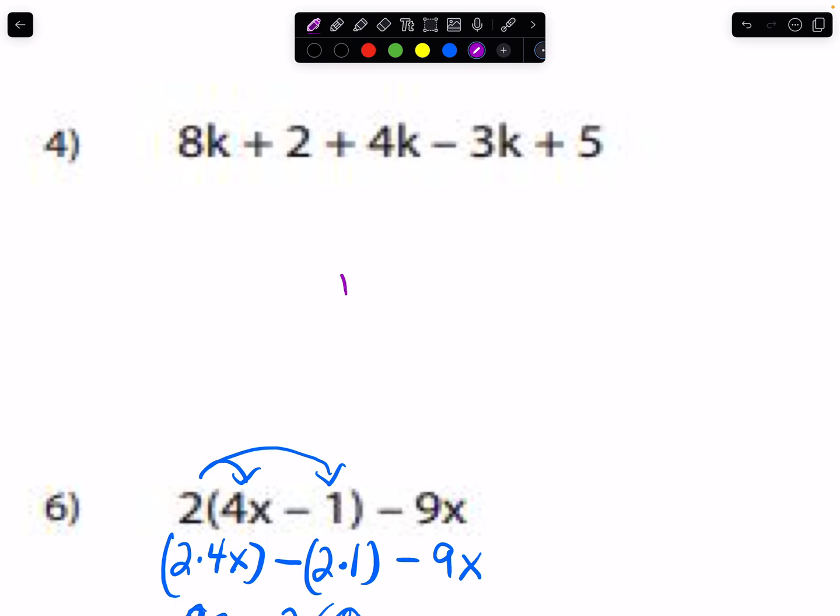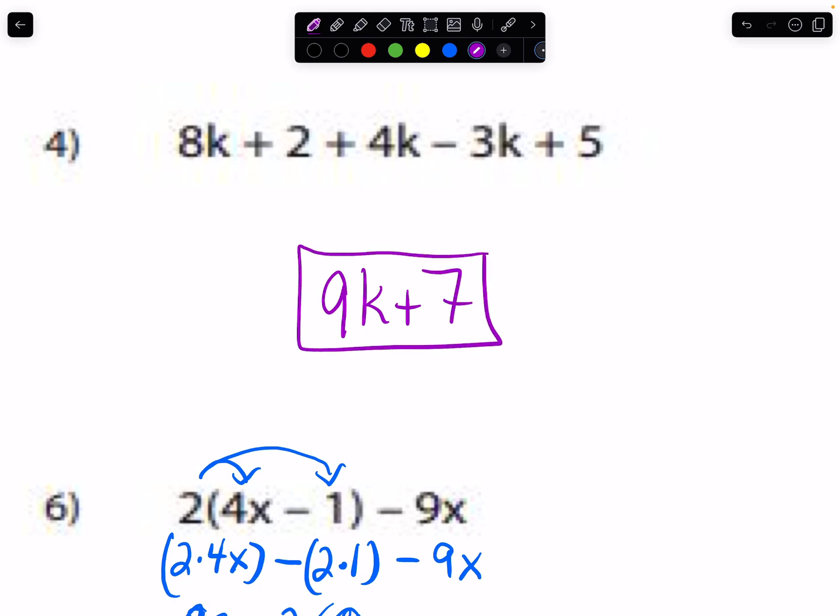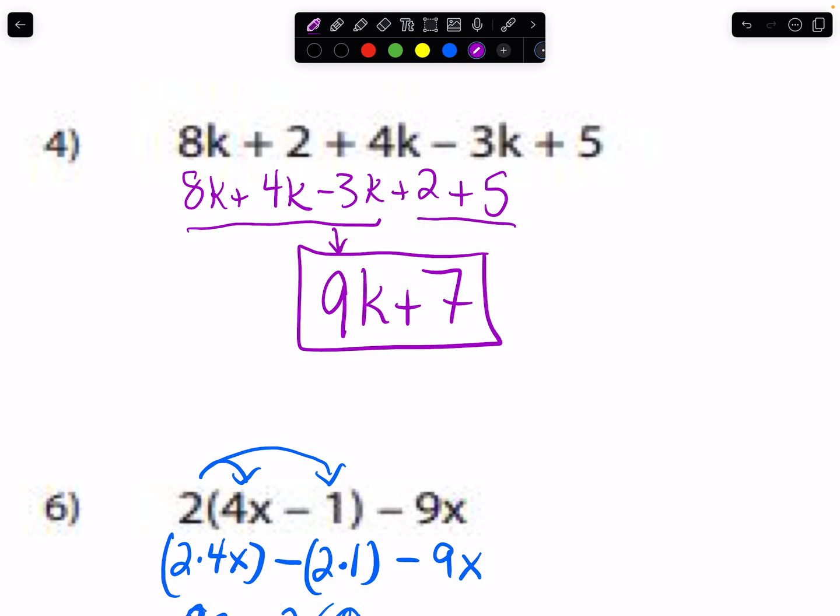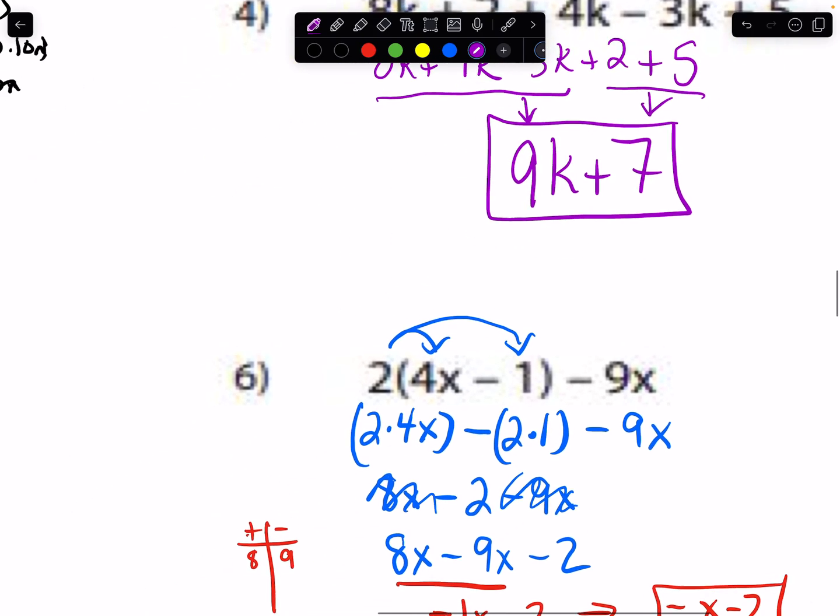Okay, the answer to this one is 9k plus 7. If you are using this for homework, please make sure you wrote it out. 8k plus 4k minus 3k plus 2 plus 5. So all of these went together and made 9k. These went together and made 7.